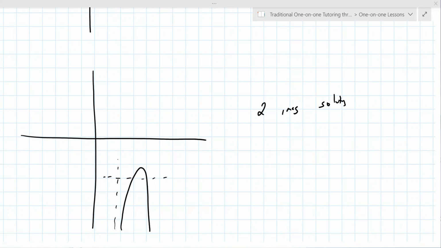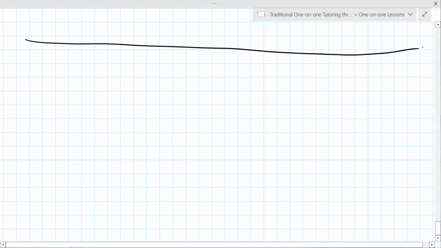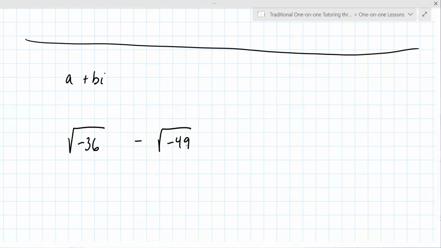We started last time where you asked, can you give me a problem in the form a plus bi? So let's do a couple of these. Let's go square root of -36 minus the square root of -49. Do you remember how to do this?